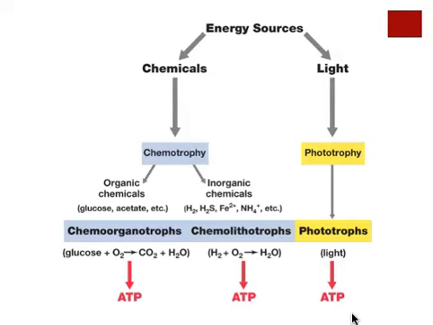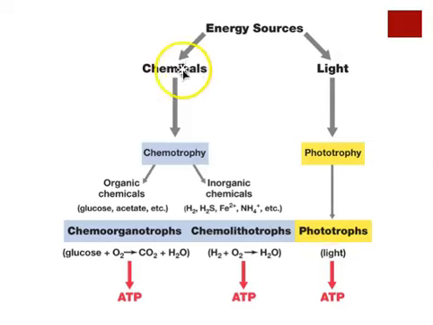You've all probably heard of the term photosynthesis, and photosynthesis is the combination of metabolic processes that ultimately produce carbohydrate, often in the form of glucose. Plants produce their own food from the light of the sun.